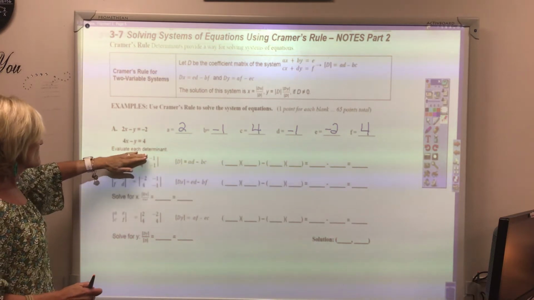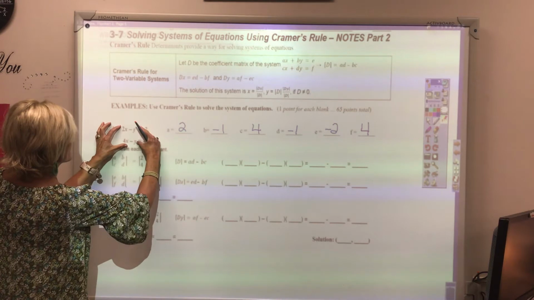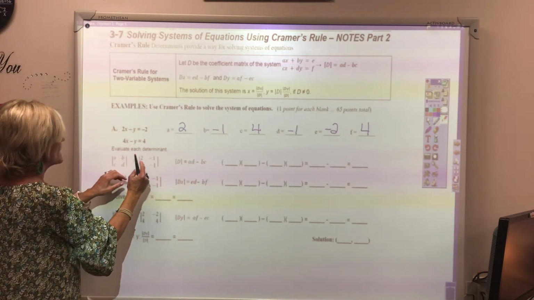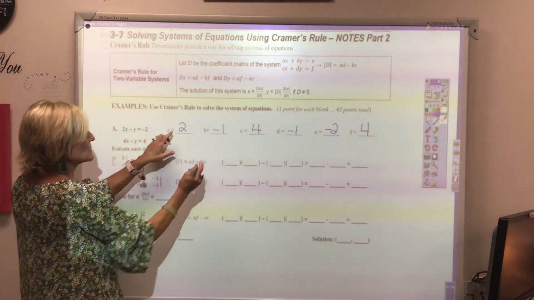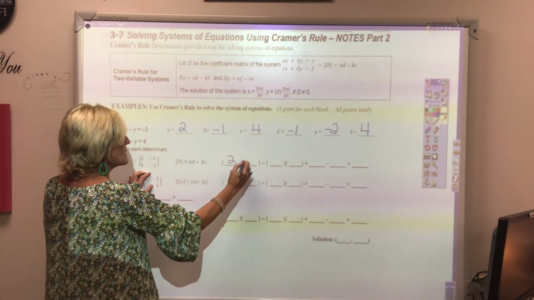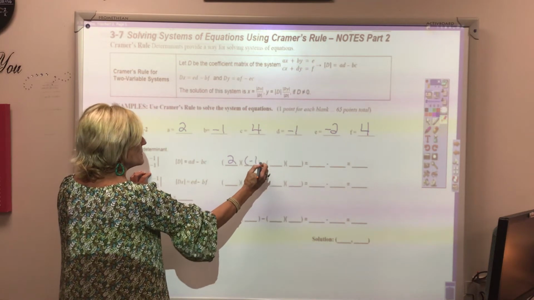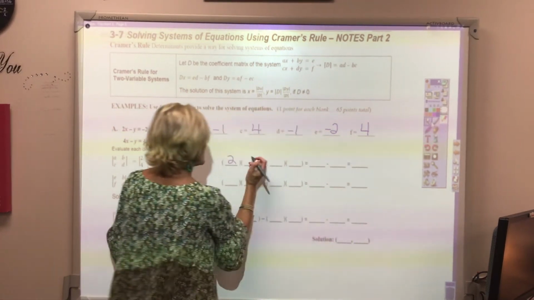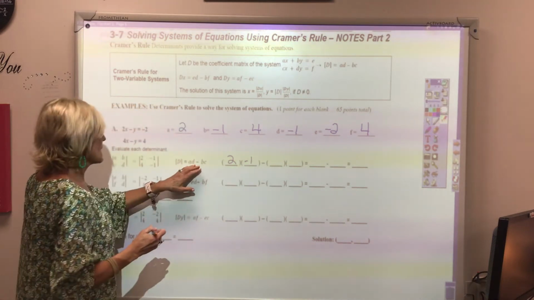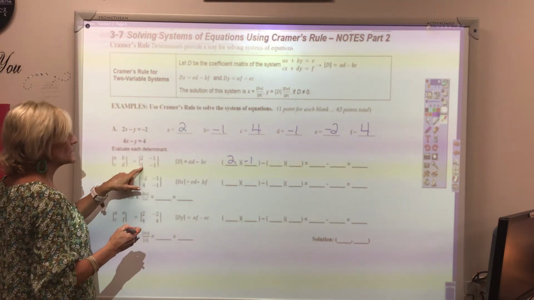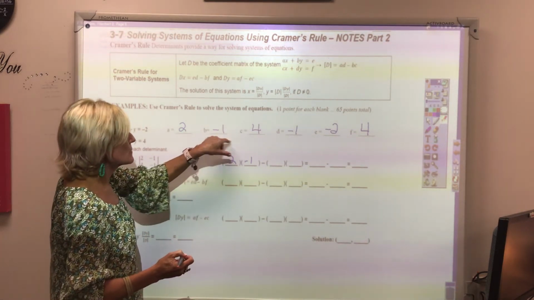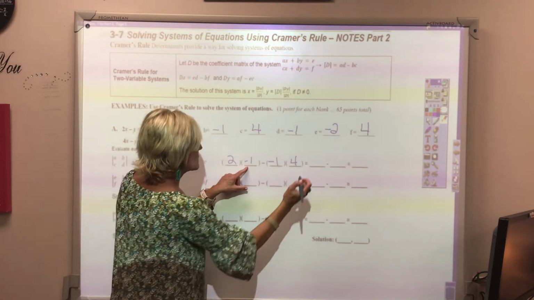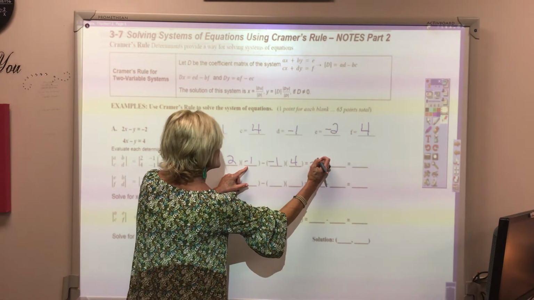Now, you've got what the letters represent, so we're going to fill in, and you can notice that the main determinant is made out of the coefficients. So we take A times D, or you can look at it from up here, 2 times negative 1, and then minus B times C, which would be negative 1 times 4. 2 times negative 1 will be negative 2.